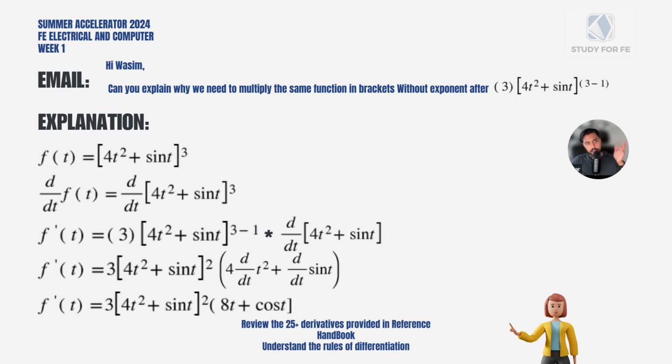So if I just close my eyes and blindly follow this formula, if this is my u and this is my n, I'm going to do n, which is a 3, drop it next to this guy, and I'm going to reduce the power of my u, which is under the brackets, by 1. So it ends up being this. Correct? And then I still have to do a du by dx. So the original function u, I still have to take the derivative. So this is d by, in our case, with respect to t of the original function.